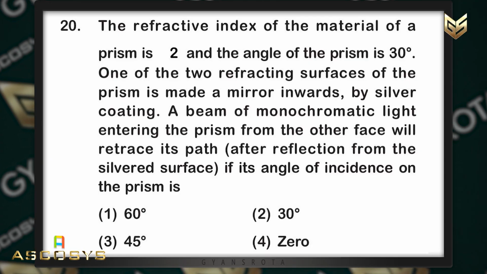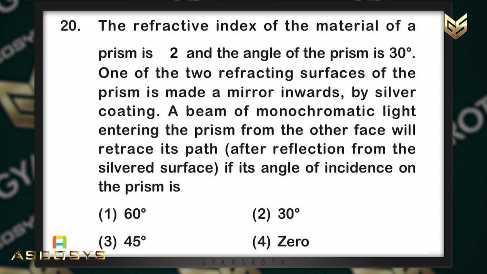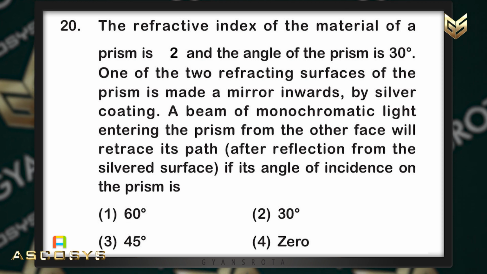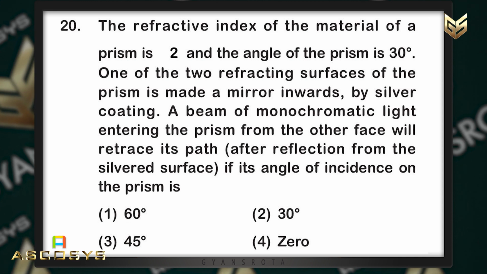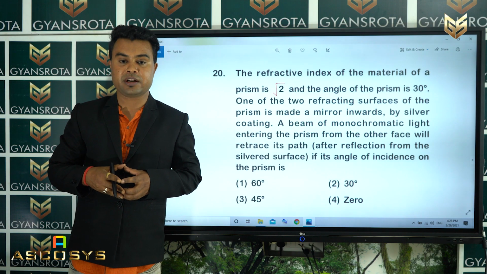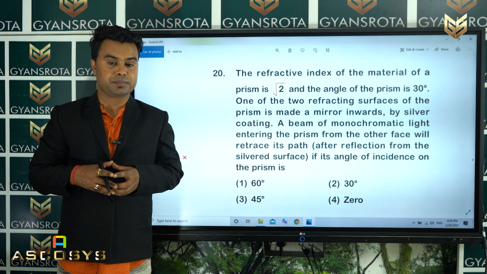One of the two refracting surfaces of the prism is made a mirror by silver coating. A beam of monochromatic light entering the prism from the other face will retrace its path after refraction from the silvered surface if its angle of incidence on the prism is. Now you need to calculate the angle of incidence on the prism.